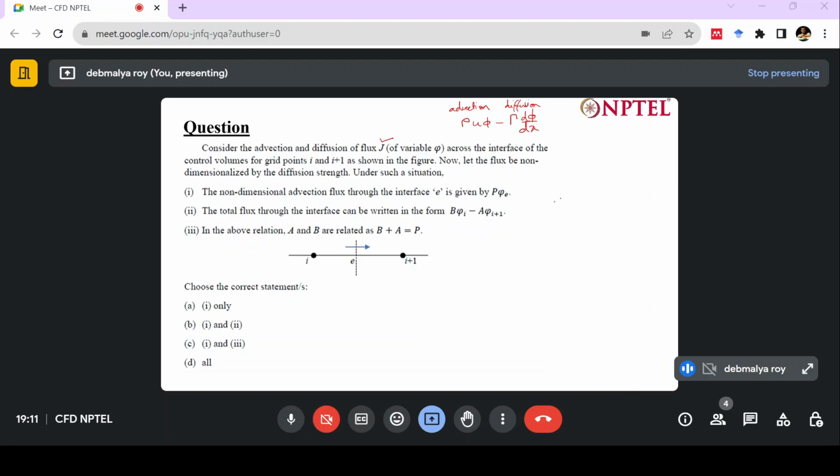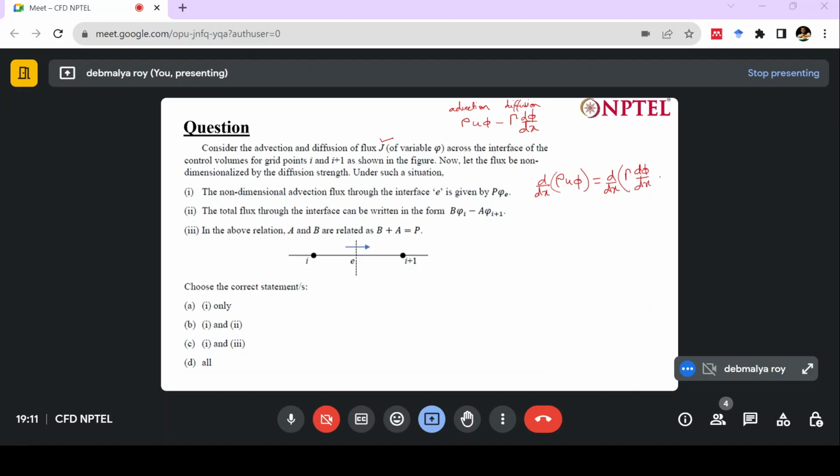So an equation that governs this kind of behavior is basically this. If you remember, in the beginning of our course we discussed generalized transport equations that we are going to solve.